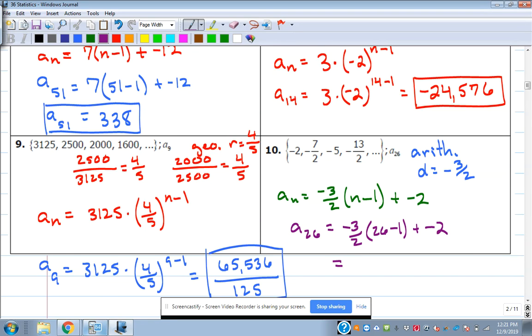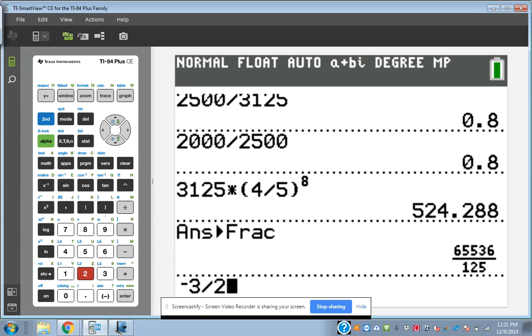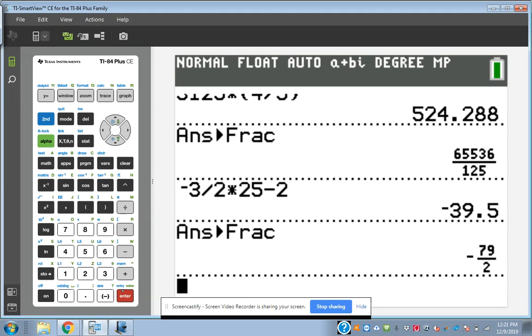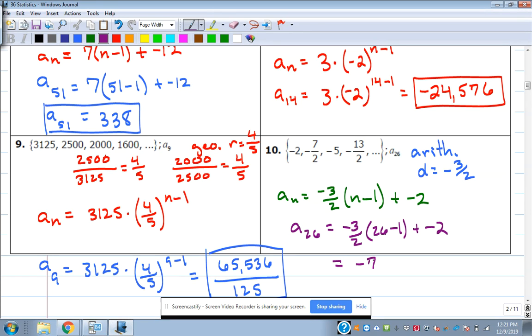So -3/2 times 25 minus 2. Math enter because it's in fraction form. -79/2. And I put it in fraction form because that's the way the original problem was. So arithmetic sequence, again, adding the same amount every single time to get to the next term. And then you're using that formula there.